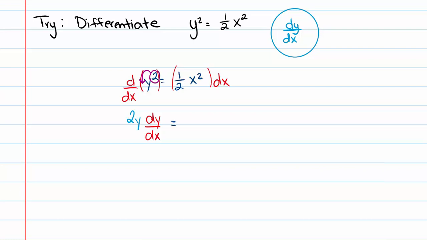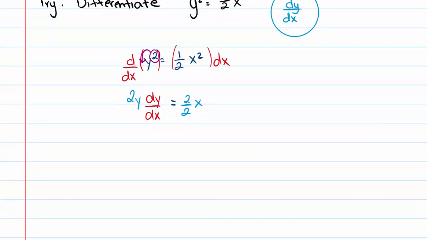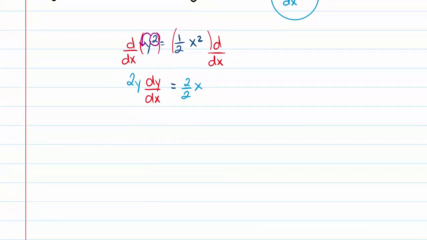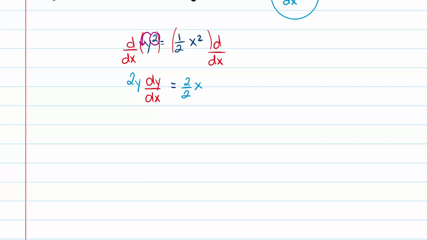This is going to equal 2 divided by 2, x to the first. Oops, slight mistake. This should be a d/dx. If you caught that, good catch. So here we have 2y dy/dx is equal to x, because 2 divided by 2, as we all know, is 1.